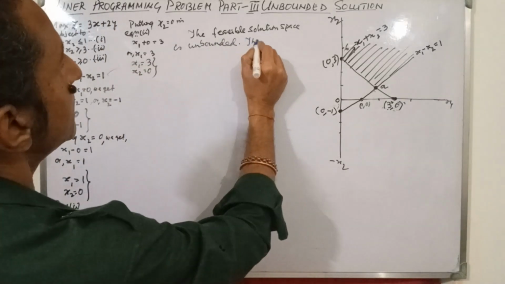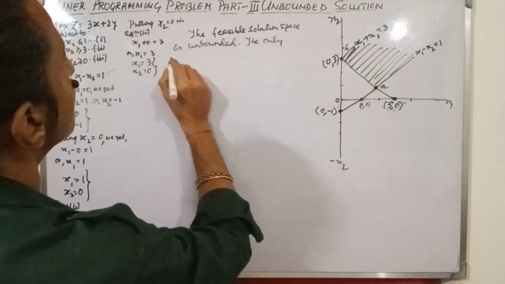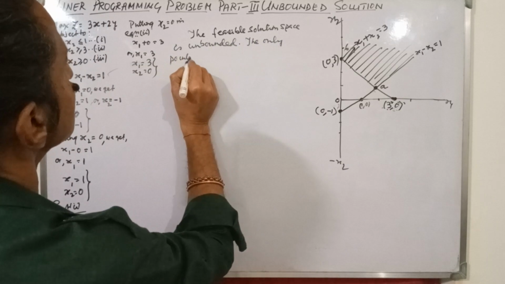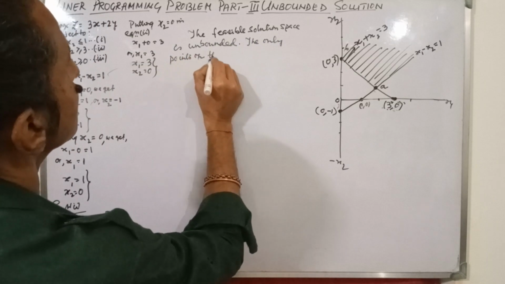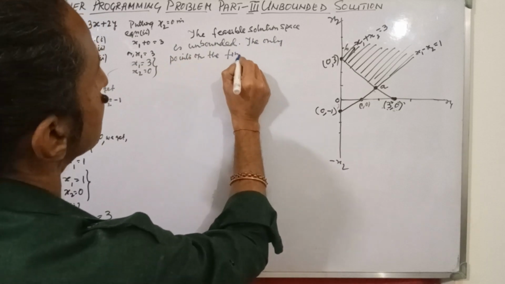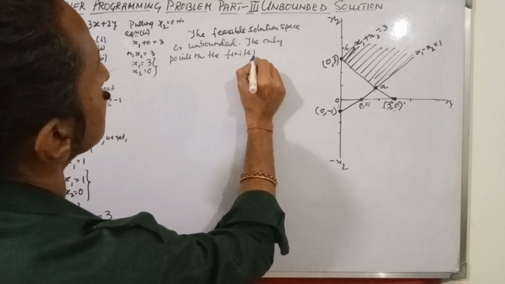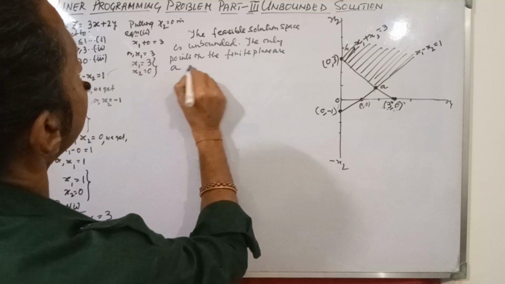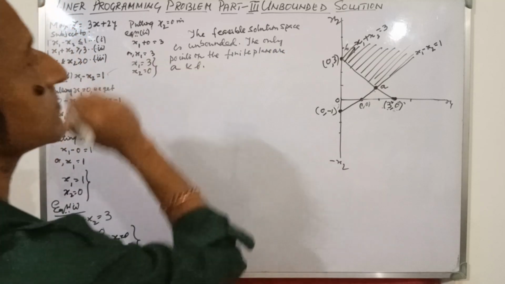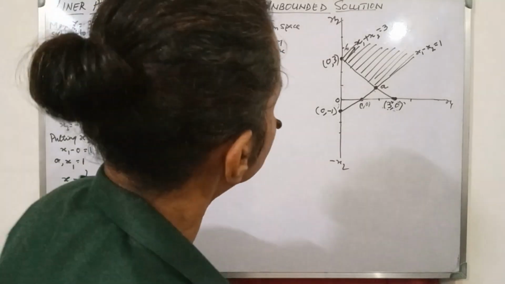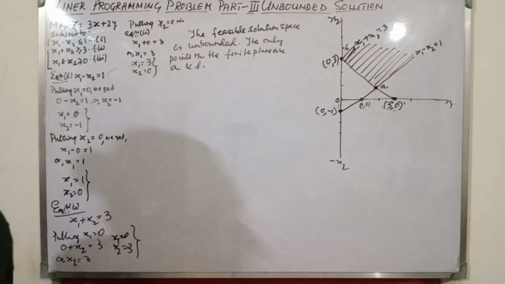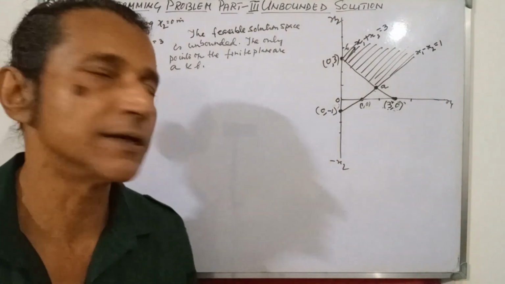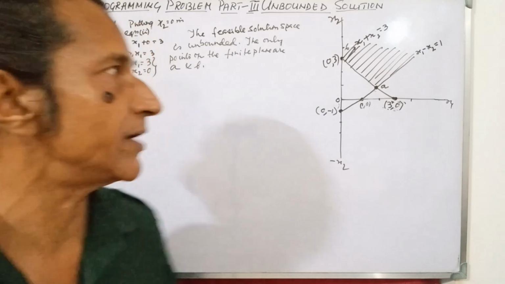The only points on the finite plane are A and B. We know the coordinates of B, but we don't know the coordinates of A. Here we shall find out the coordinates of A.